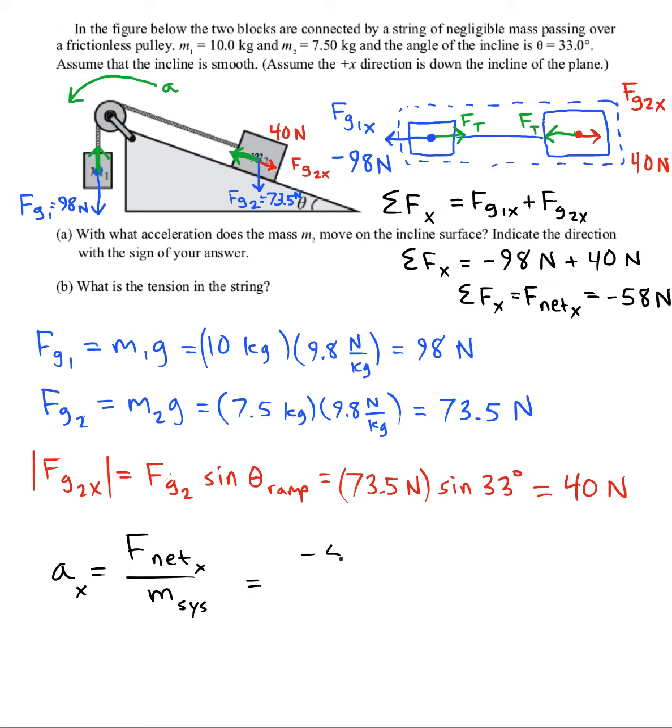So we're going to put a negative 58 newtons on top. And let's put the total system mass on the bottom, which is the 10 kilograms plus the 7.5 kilograms. The idea being that this net of negative 58 is going to act on the whole thing, all the mass.